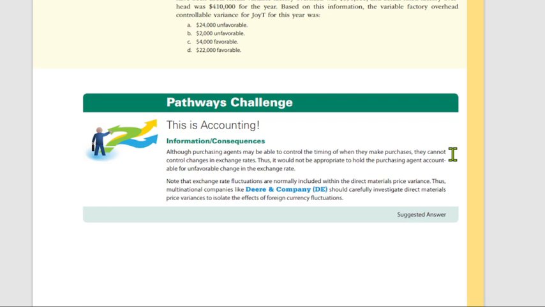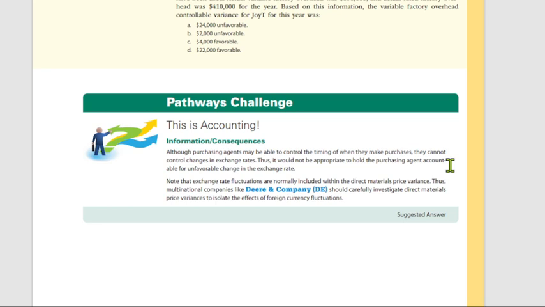Thus, it would not be appropriate to hold the purchasing agent accountable for unfavorable change in the exchange rate. So remember, the key issue is controllability. Meron ba siyang control on the changes in the exchange rate? Wala. So therefore, hindi appropriate na ipinpoint mo yung accountability dahil na gumastos siya ng malaki because of the changes in the foreign exchange rate.